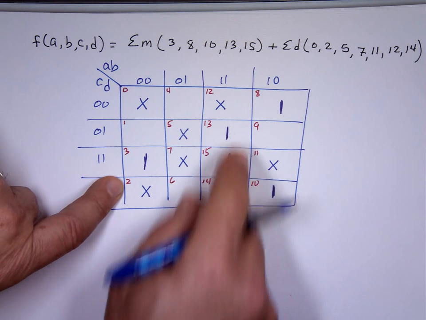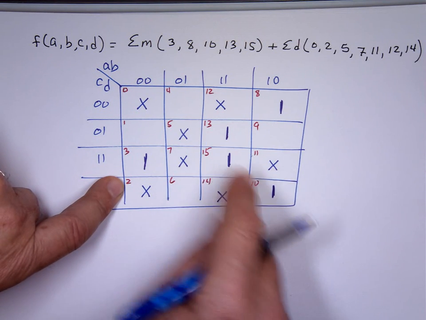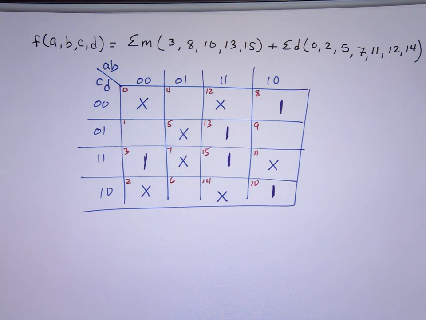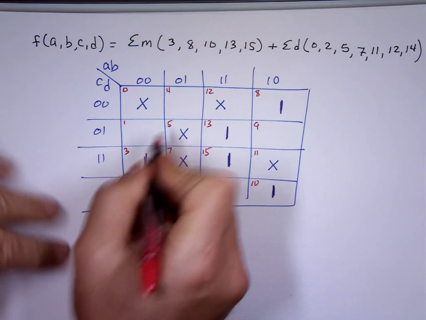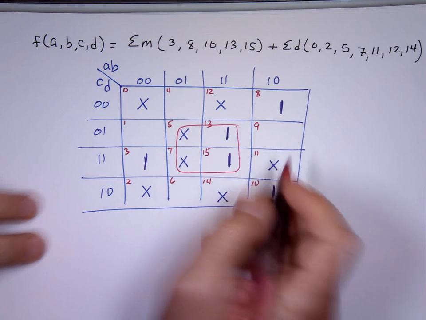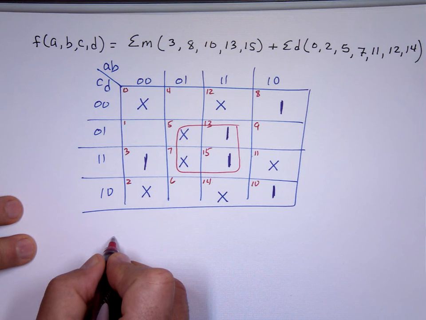So right now I have two choices for that one. If I do them this way, that means I'm making these don't cares ones. That would be B and D.